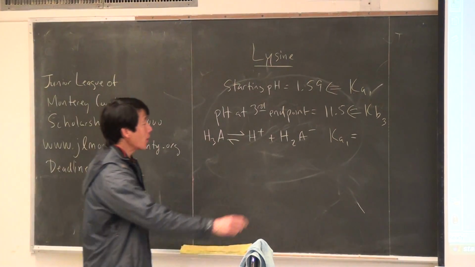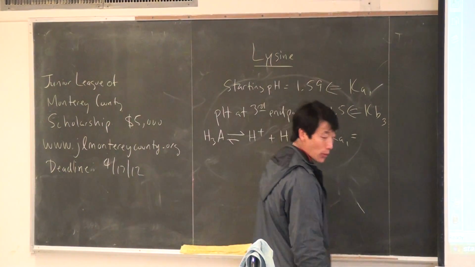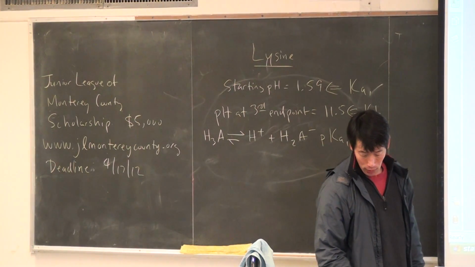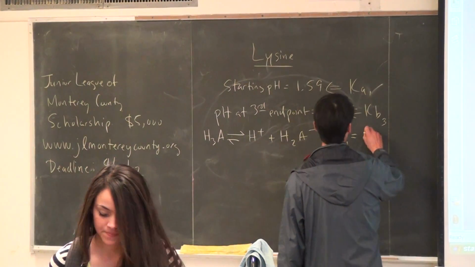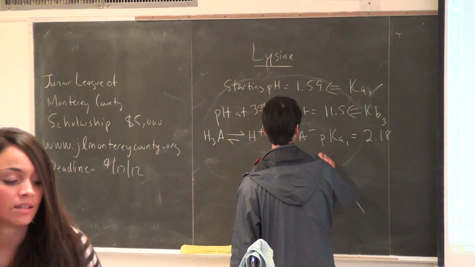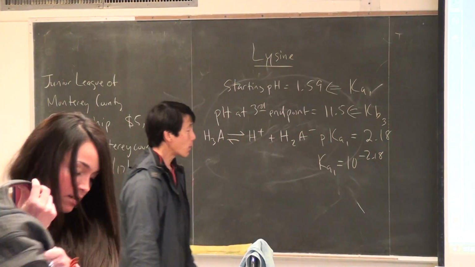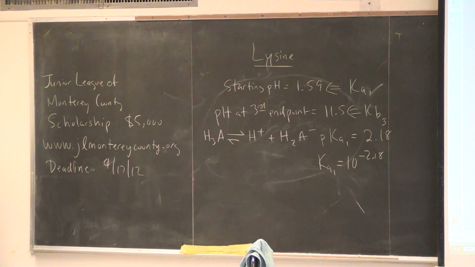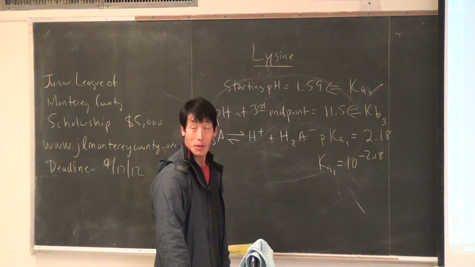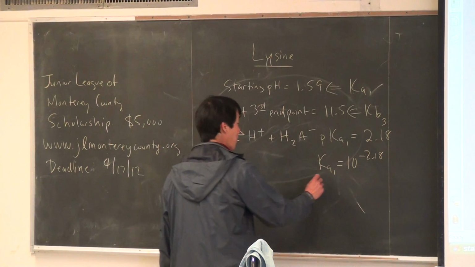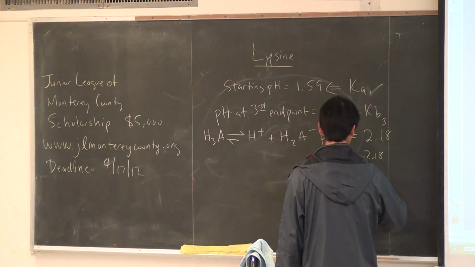well, we can do it this way. We look at the pKa. pKa1 for lysine is equal to 2.18. So that means Ka1 is equal to 10 to the minus 2.18 power. When you do that calculation, Ka is equal to 0.0066.